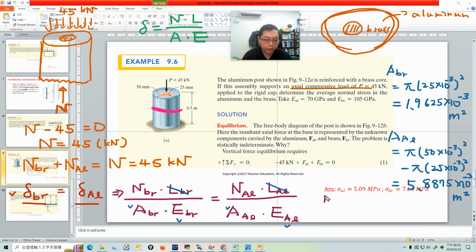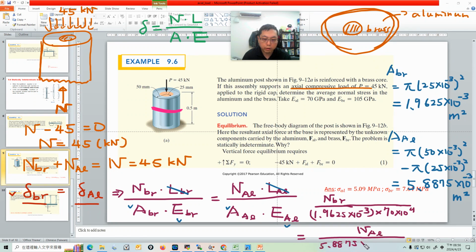We will have N_BR divided by the area 1.9625 times 10 to the power minus 3, times 70 times 10 to the power 9, equal to N_AL over 5.8875, and aluminum is 105 giga.